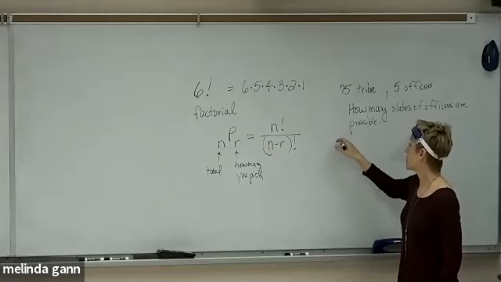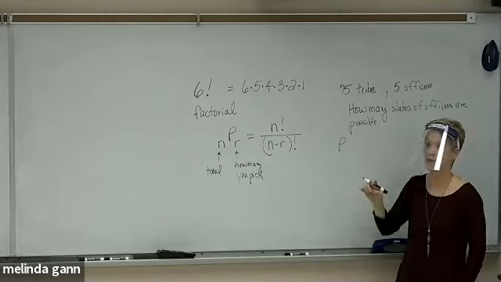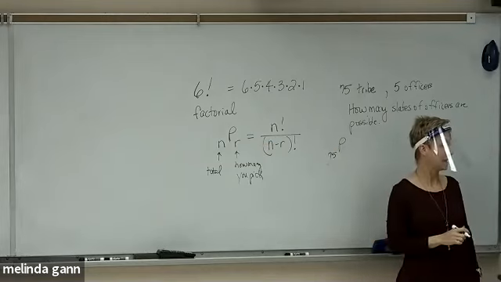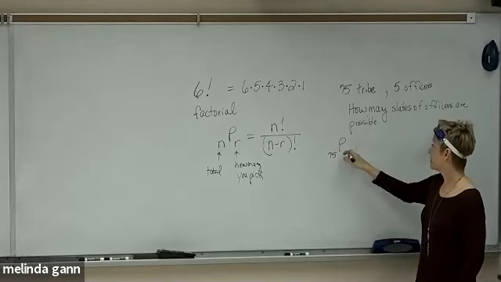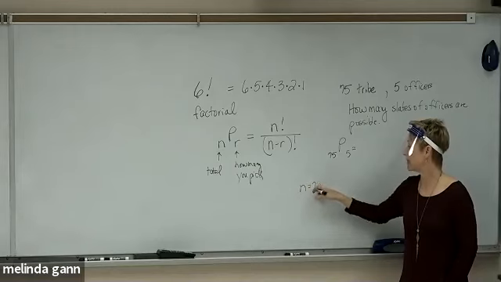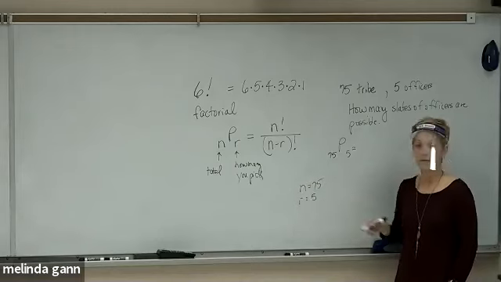If I'm gonna use permutations, what's my N here? What's my total? How many are there to pick from? 75. How many am I picking? 5. So my N is 75 and my R is 5.